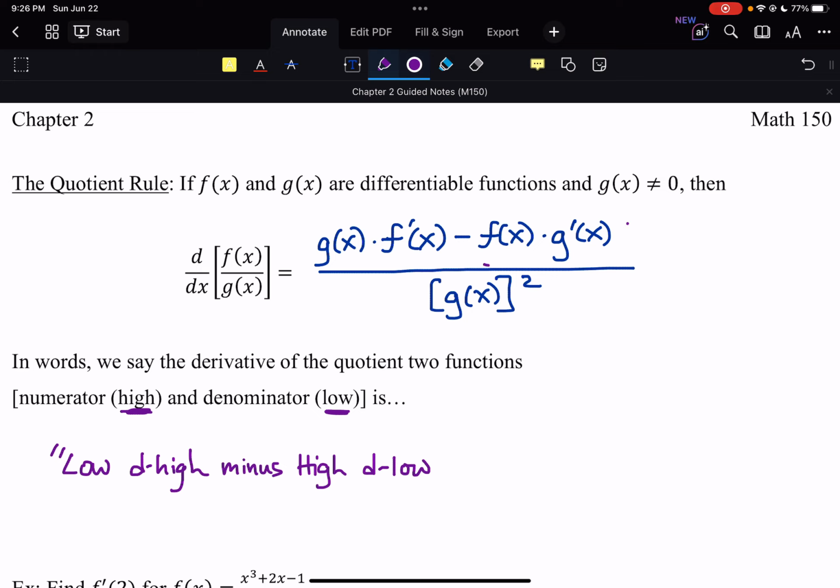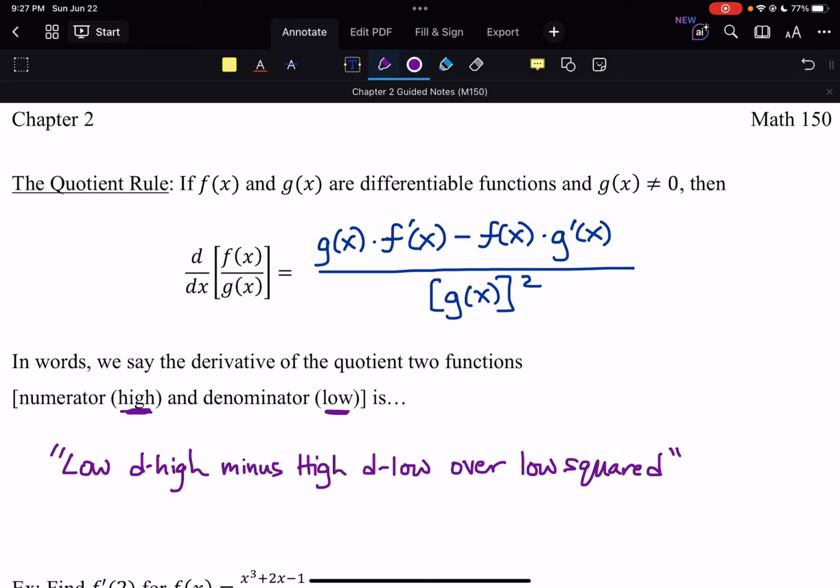So that's the top function minus the derivative of the bottom one, over low squared. So we have low d high minus high d low over low squared.